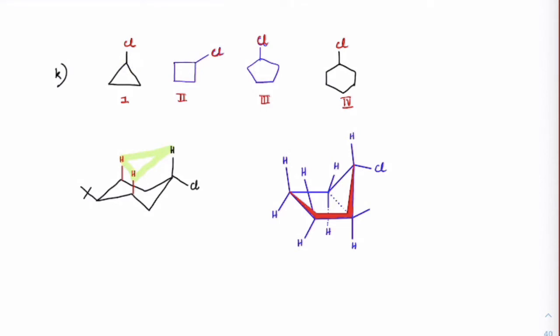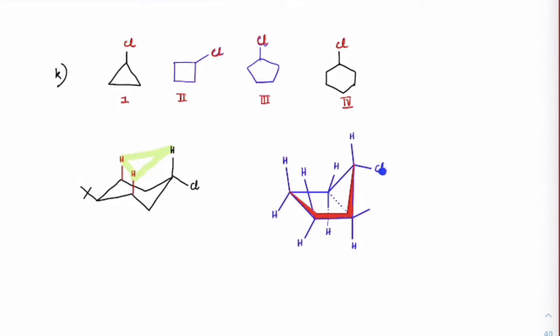Now slowly the strain is releasing, so we may expect that the 6-membered ring is better for substitution than the 5-membered ring, then 4-membered and 3-membered ring. But in case of the 5-membered ring, if you check, it takes an envelope shape, right?